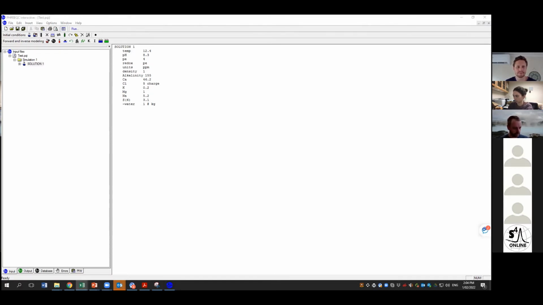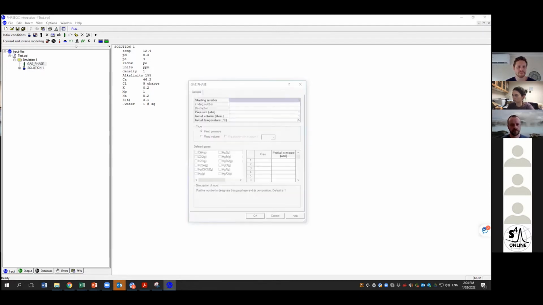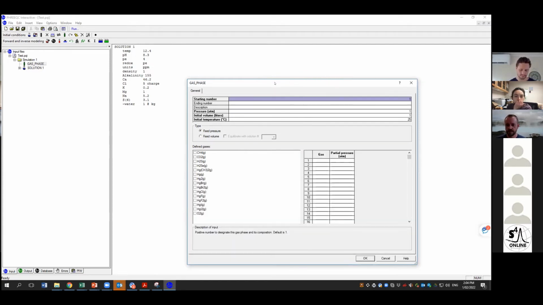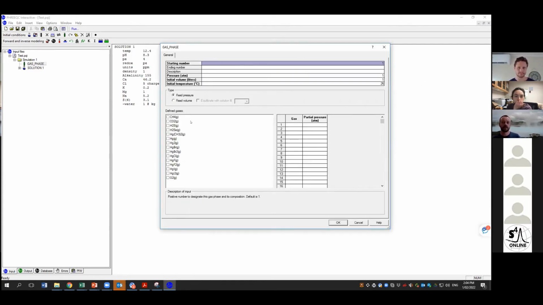Just going to check what I did before. Yep. Okay, so I'm going to hit the gas bottle. All right. And over in this menu, you can see that there's a bunch of different gases that are present in the default database of PHREEQC.